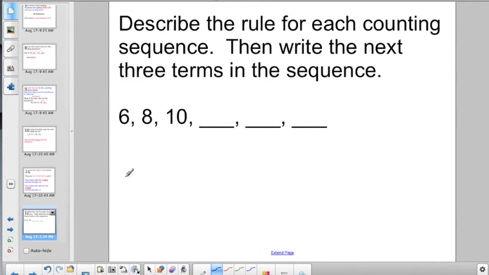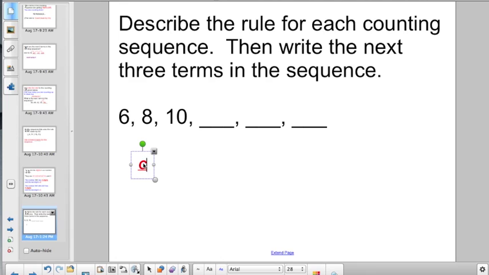So we're going to see some problems like this. Describe the rule for each counting sequence. That's one sentence worth of instructions, and we should know that. That's if you're counting up or counting down, and by how many. And it's going to say, then write the next 3 terms in the sequence. 2 sentences, 2 steps of direction, right? So let's start off with describing the rule first. I have 6, then I have 8, then I have 10.